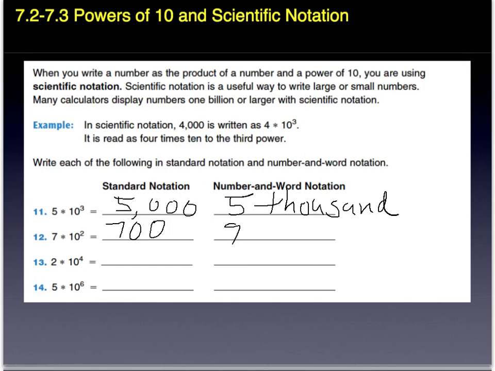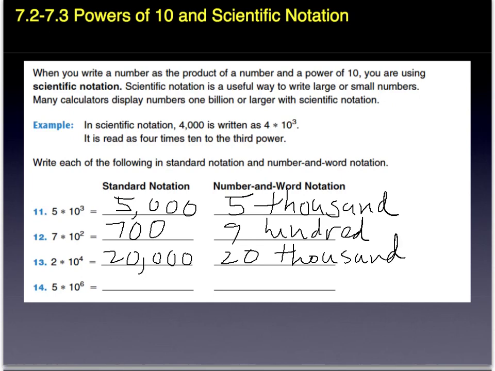Oops, I almost wrote an S. 700. 2 times 10 to the power of 4. 2 times 10,000. So 20,000. And I would write 20, since my number word is thousand. So I'm writing the numeral and the place value becomes the word. What period basically becomes the word.